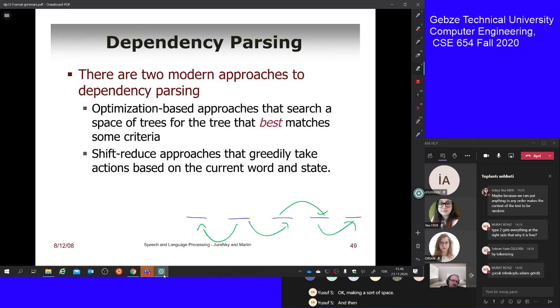It might look complicated and time consuming, but if you follow some certain rules, it is better than context-free grammar parsing. The other one is the shift-reduce approach. That's a greedy parsing method, and I'm going to show you how we do that.